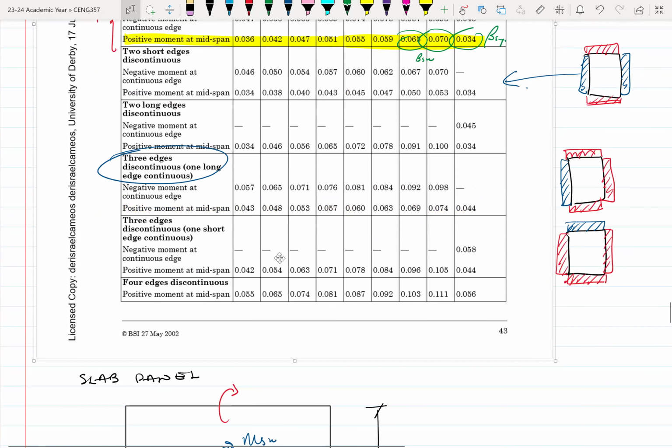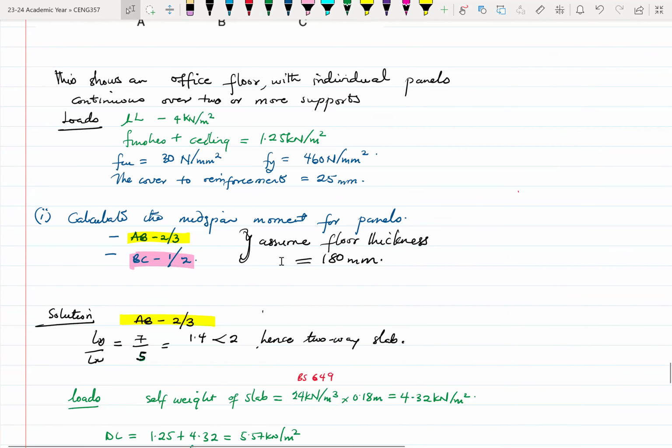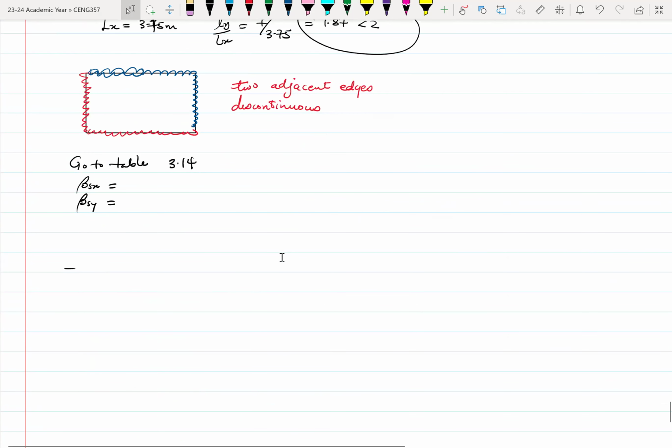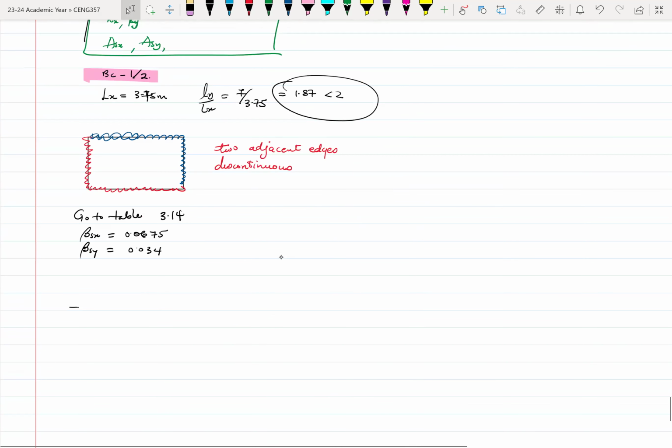With regards to interpolation, our BSX would be 0.0675, and our BSY will be 0.034. Once we have these, we can find our MSX.